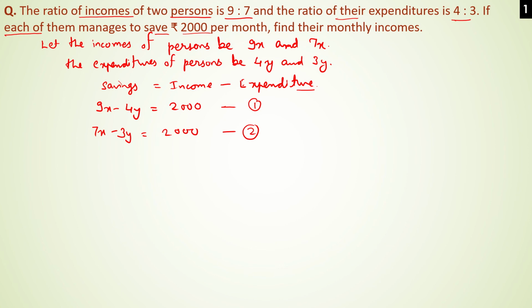So here, by equating the coefficients, we can find their monthly incomes. To equate the coefficients, we multiply the first equation by 7 and the second by 9.